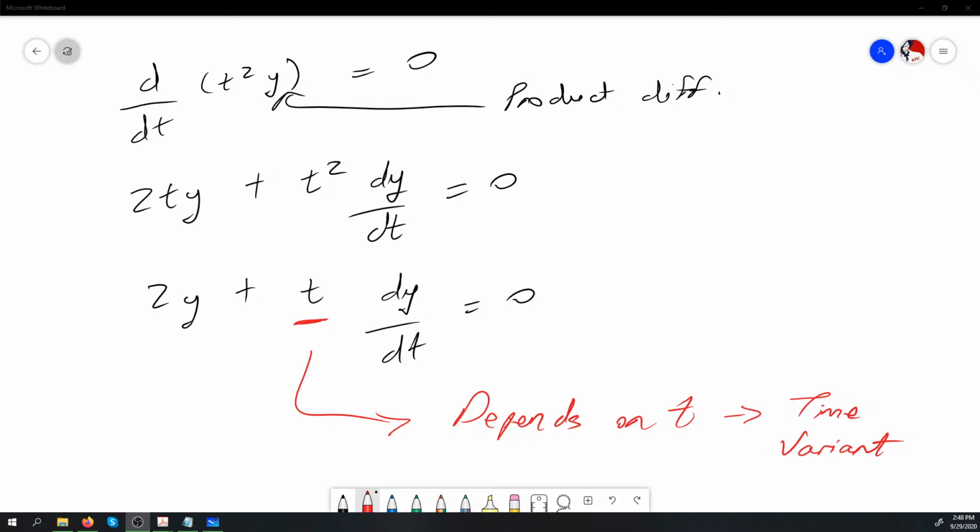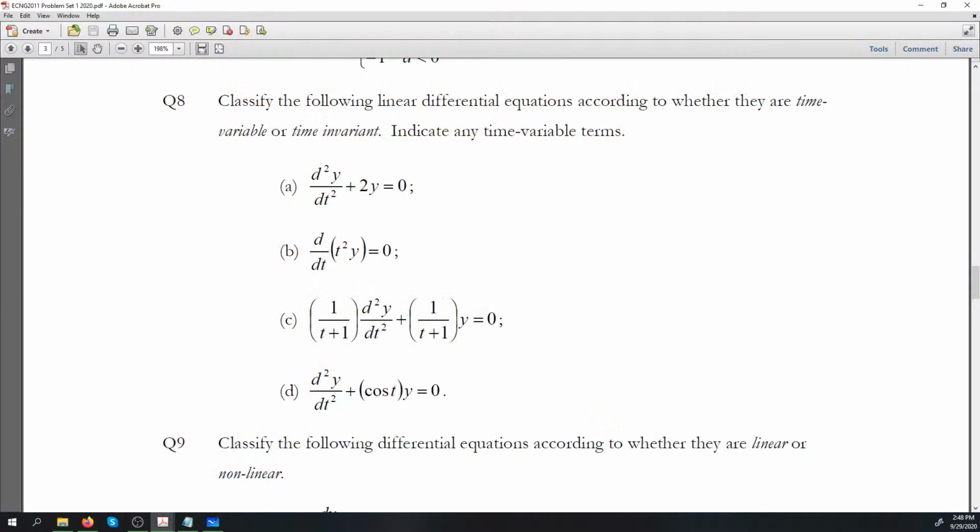Let's observe this for part C now. Part C is basically 1 over t plus 1 times d squared y dt squared plus 1 over t plus 1 times y equals 0.